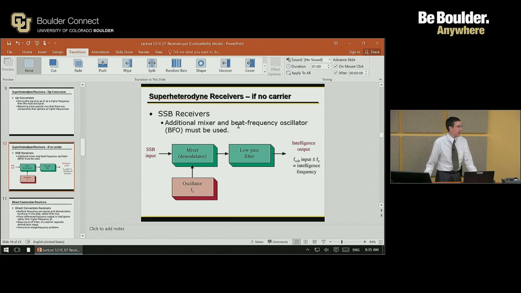In a single sideband or a suppressed carrier radio, there is no carrier, so we've got to do something about it. And what we do is we reinsert the carrier. How that's done is there's something called a frequency beat oscillator, and that frequency beat oscillator has to be tuned to the right frequency.